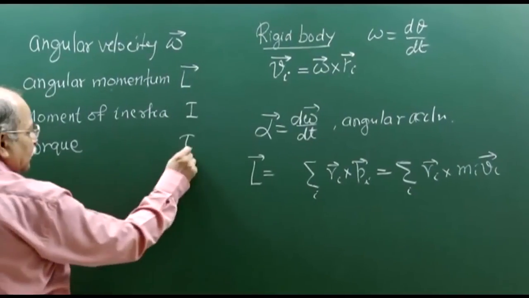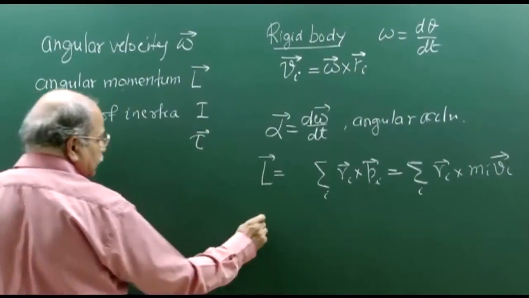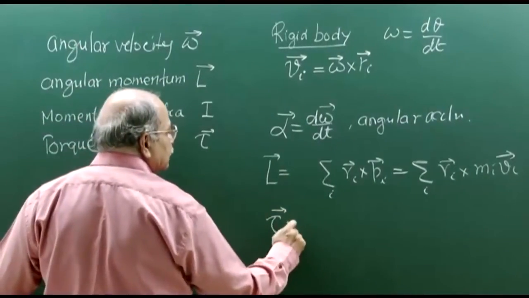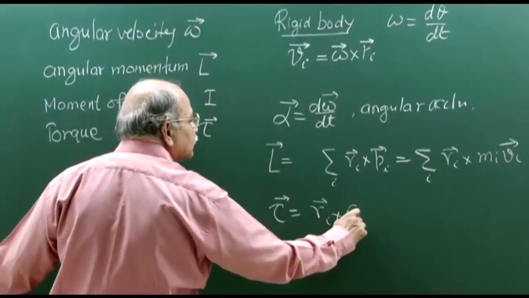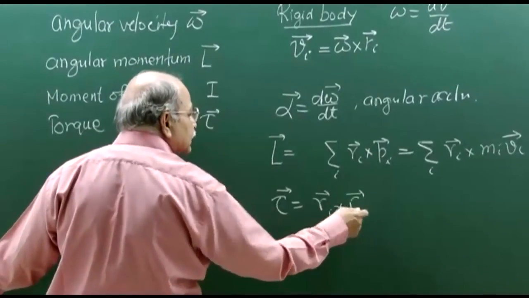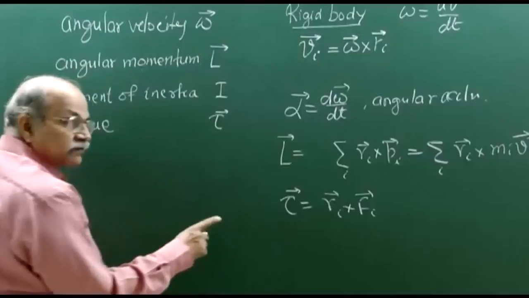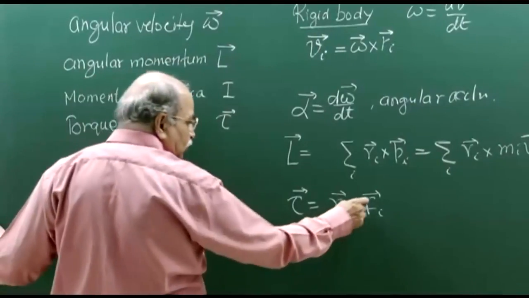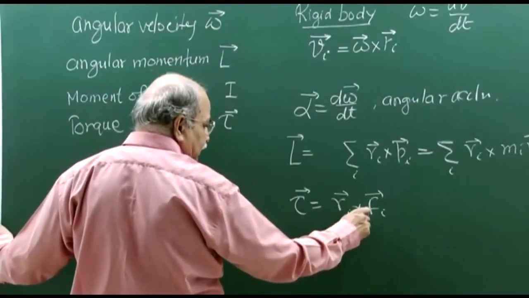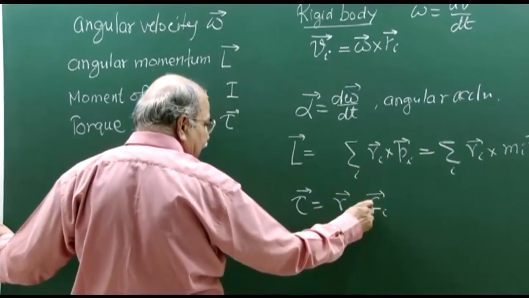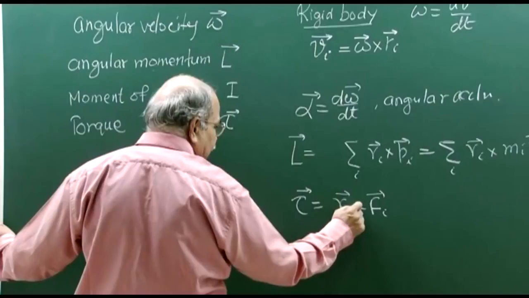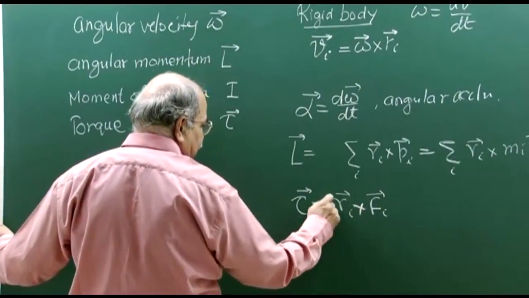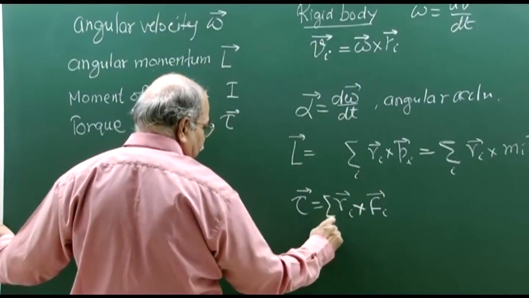And then you have torque. Torque is also a vector quantity. Torque is R cross F. So, Ri cross Fi. Look at all the forces, and we are talking of external forces only. So, look for all the forces, and if that force acts on the ith particle, then do this cross product Ri cross Fi, and then sum over all those i's.